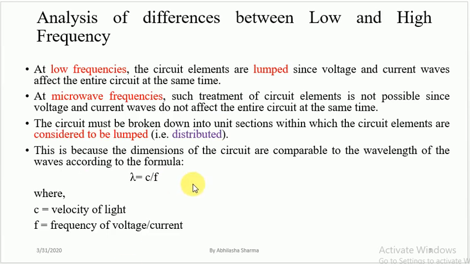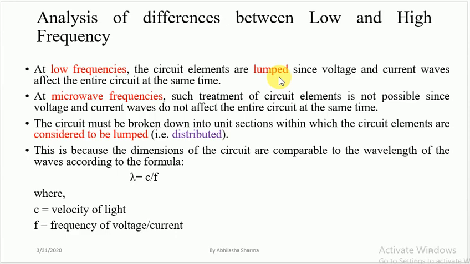Yes, so next we will move to which type of parameter or which type of circuitry is required for analysis of the transmission line or the wire, or we can say analysis of differences between the low and the high frequency. It means that at the low frequency the elements used for analyzing a circuitry are called the lumped circuit or the lumped parameter.